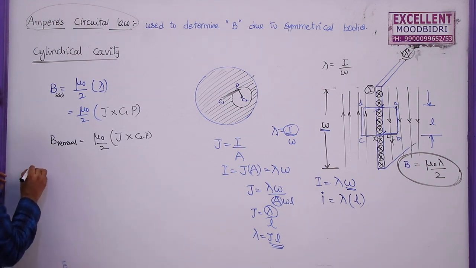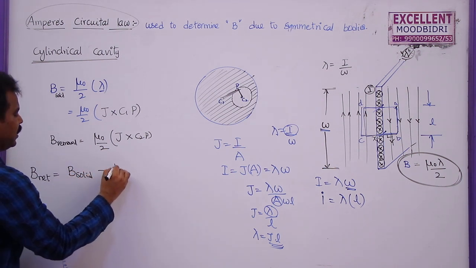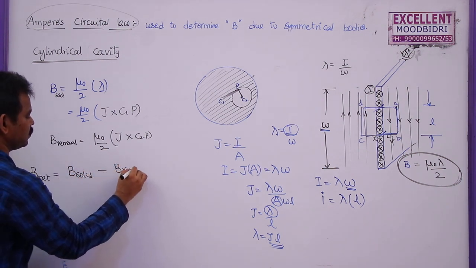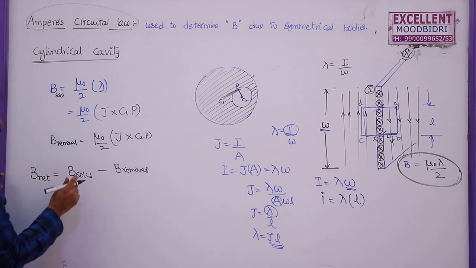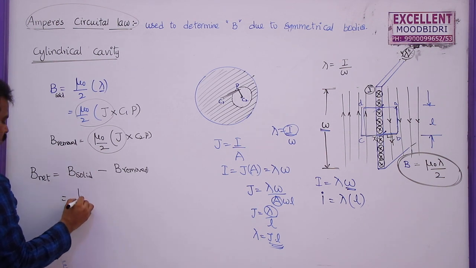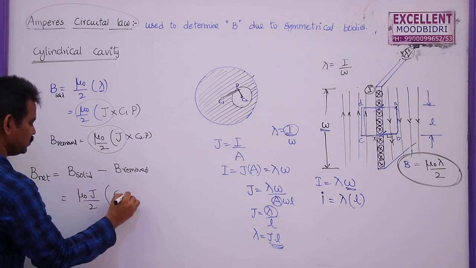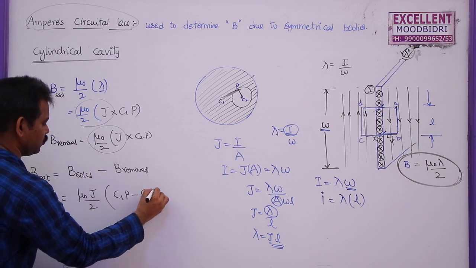Now what is the net magnetic field here? B net is given by B due to the solid cylinder minus, because we need to remove this one from the entire value. So you can take mu naught by 2 J common. So mu naught J by 2, the remaining steps C1P minus C2P.